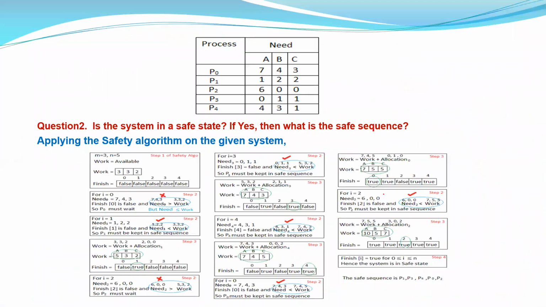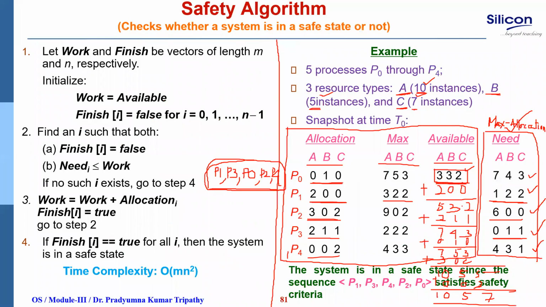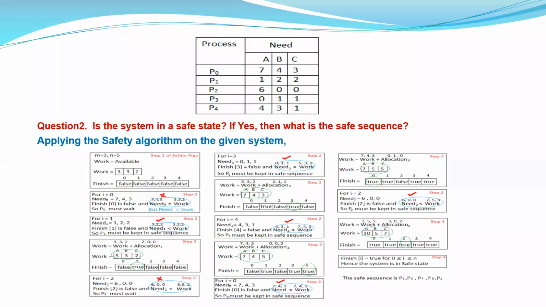The problem that I have solved over here, I just put it in a slide. So there are n equal to 5 processes and 3 resources. We have taken n as the processes and m as the resources.